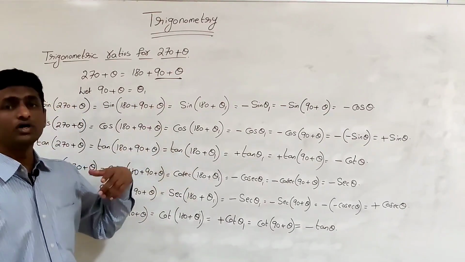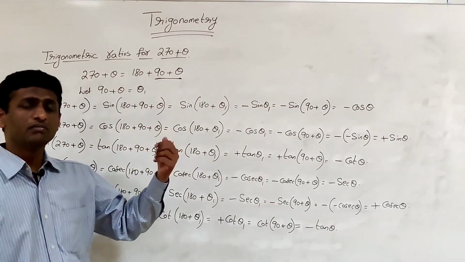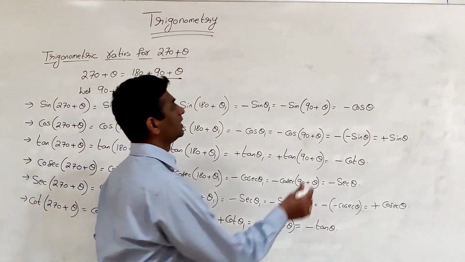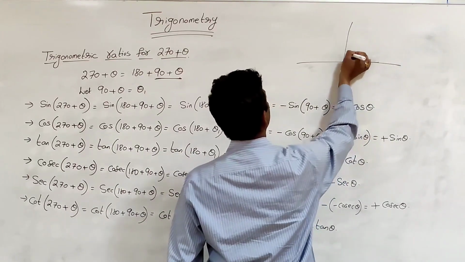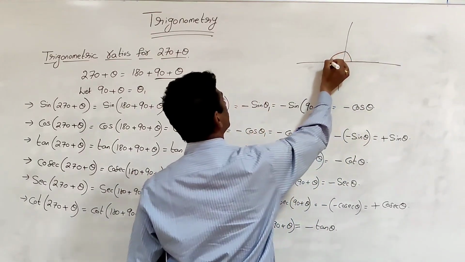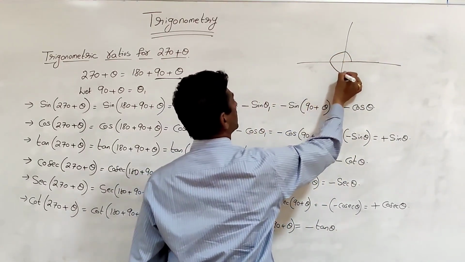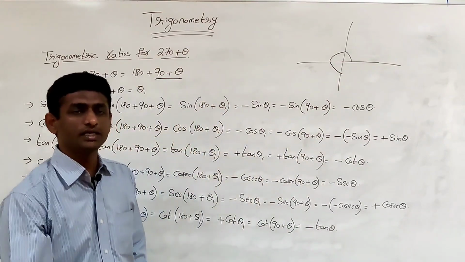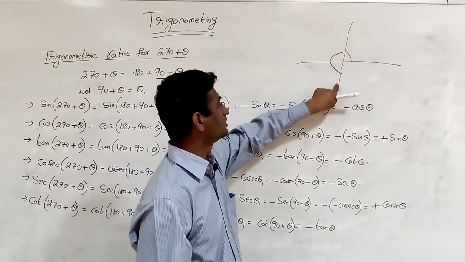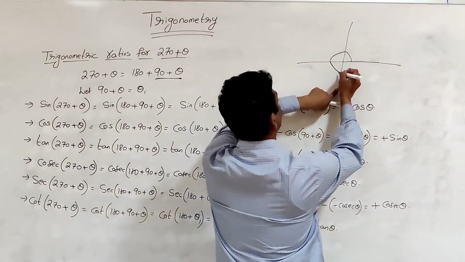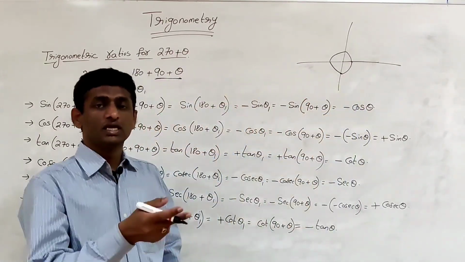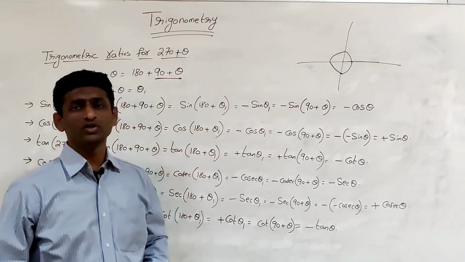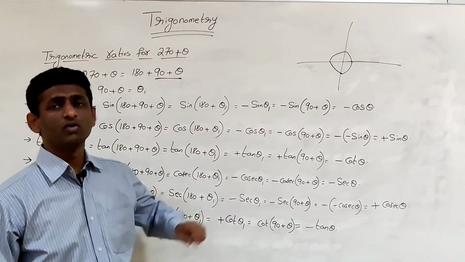Next, we'll go for 360 minus theta. In the plane, if this is 0, if you turn, it is 90, again if you move forward, 180, again move forward 90 degrees, so it will be 270. Again, if you add 90 degrees, then it will be 360. It gives a complete revolution, or we can say one turn.